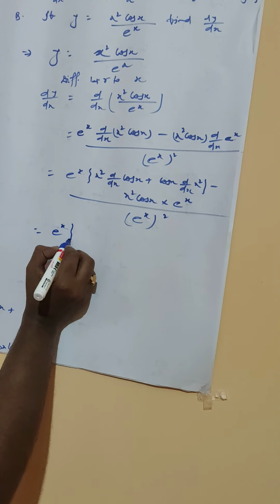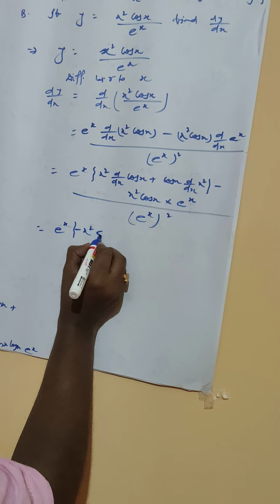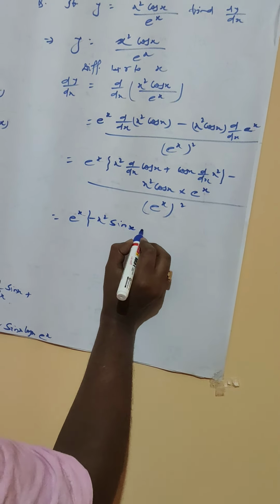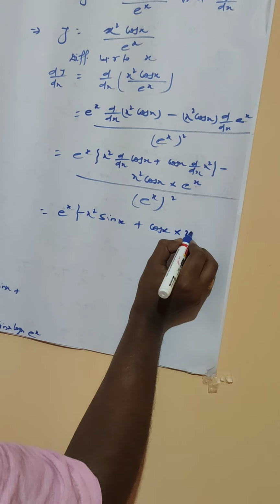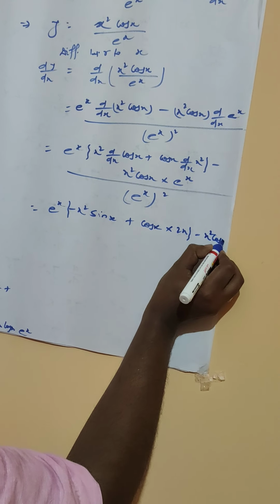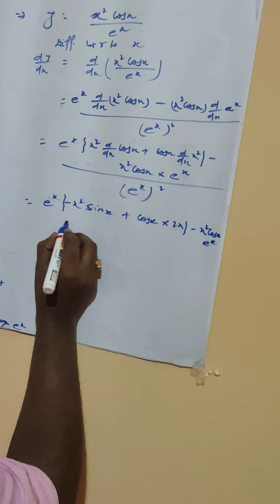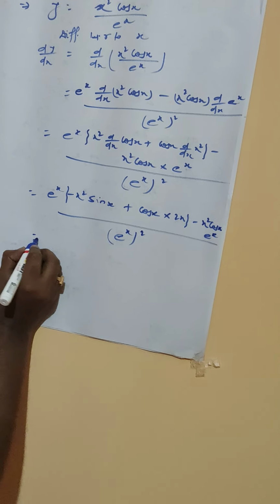E raised to x, x squared, derivative of cos x is minus sin x, derivative of x squared is 2x, minus x squared cos x e to the power x, divided by e to the power x whole square.